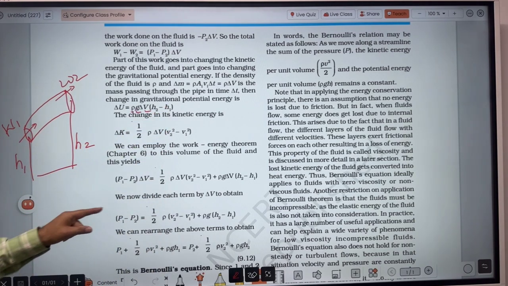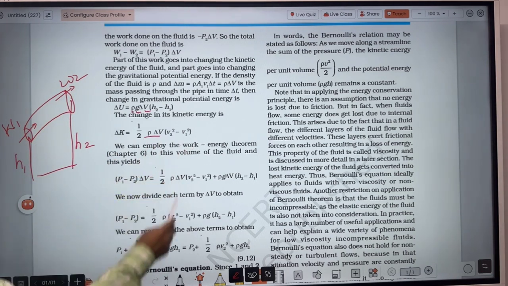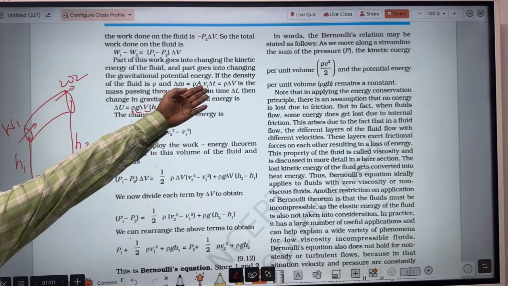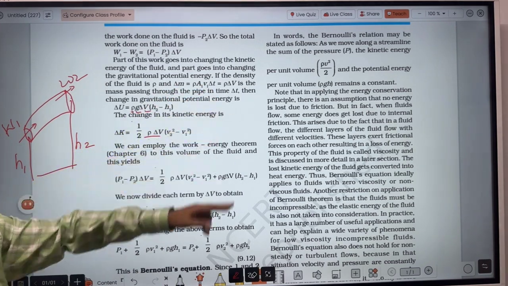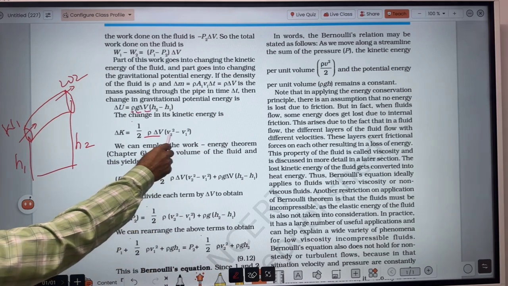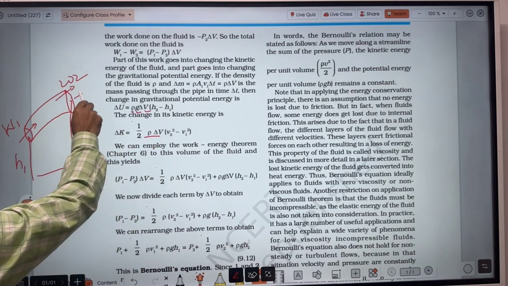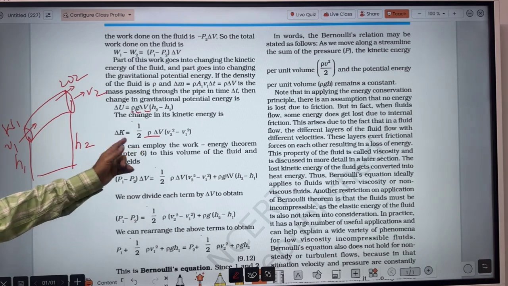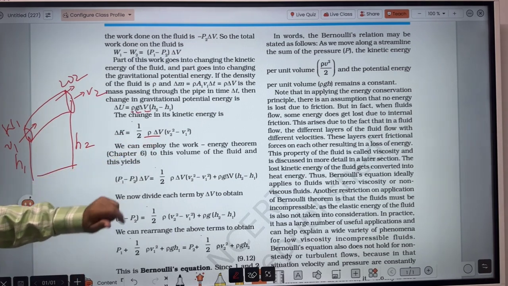Now, change in kinetic energy, mass is the same, half mv square, and mass, as you have seen, can be written as rho times delta V, and velocities are changing. Here velocity is v2 at this corner, and here velocity is v1. So this will be the change in kinetic energy, delta K, equal to this.